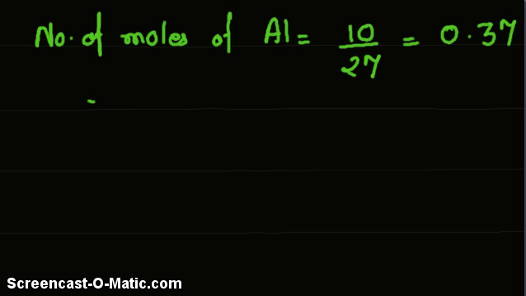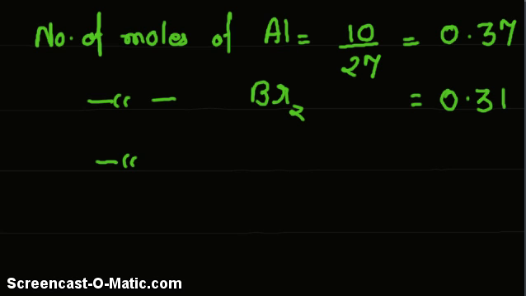In the same way, number of moles of bromine, we get 0.31, and aluminum bromide we get 0.13.